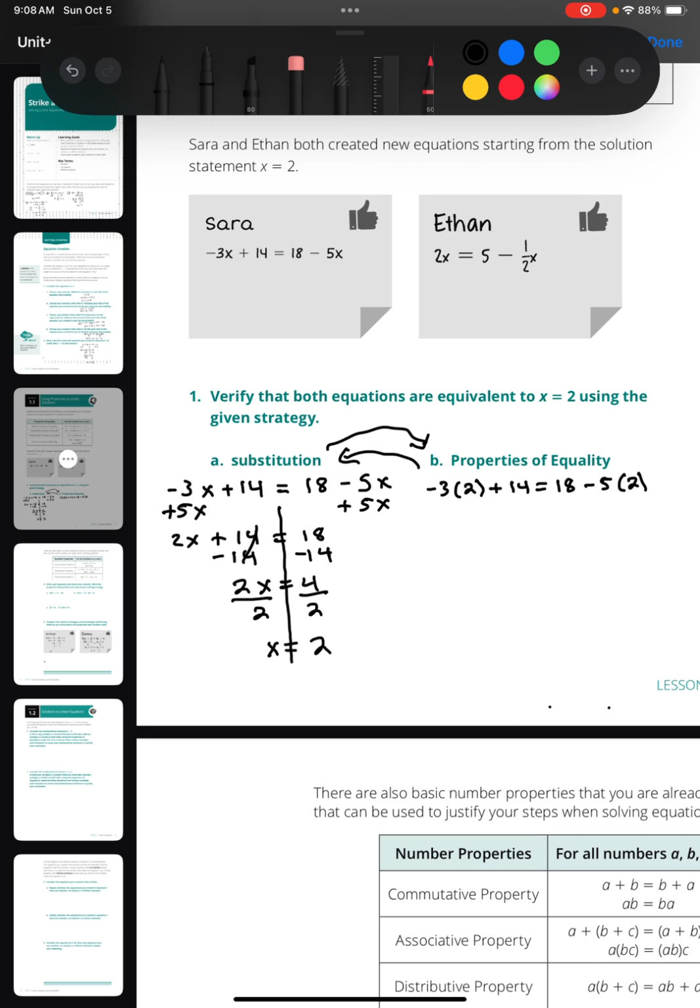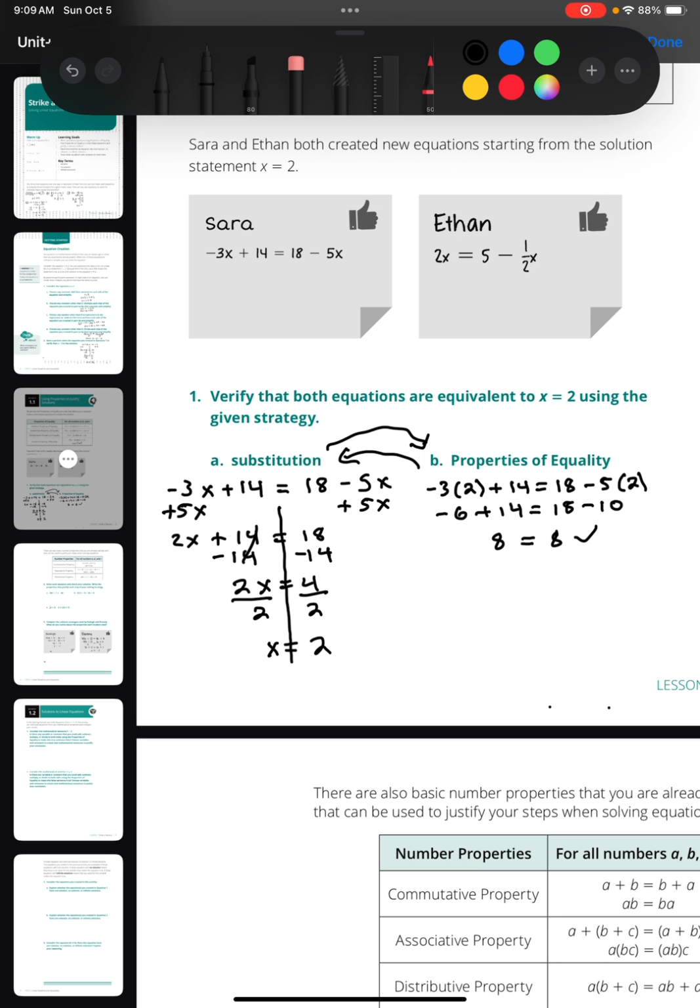So we're using substitution now. On the left side, that gives you negative 6 plus 14 equals 18 minus 5 times 2, which is 10. So if we simplify both sides, 14 minus 6 gives you 8. 18 minus 10 gives you 8. So we do get a true statement showing that her equation is, in fact, accurate. We do get x equals 2.